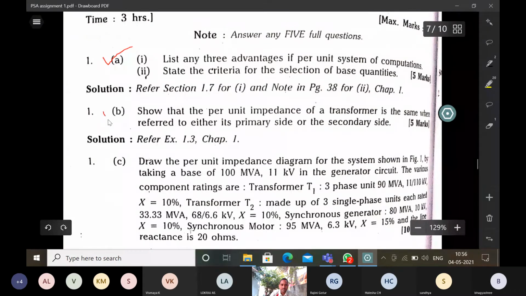This is an important question. These two questions repeat in almost every question paper: advantages of the per unit system or what is the per unit system, and show that the per unit impedance of the transformer referred to both sides is equal. That derivation is there, you have to write that one.